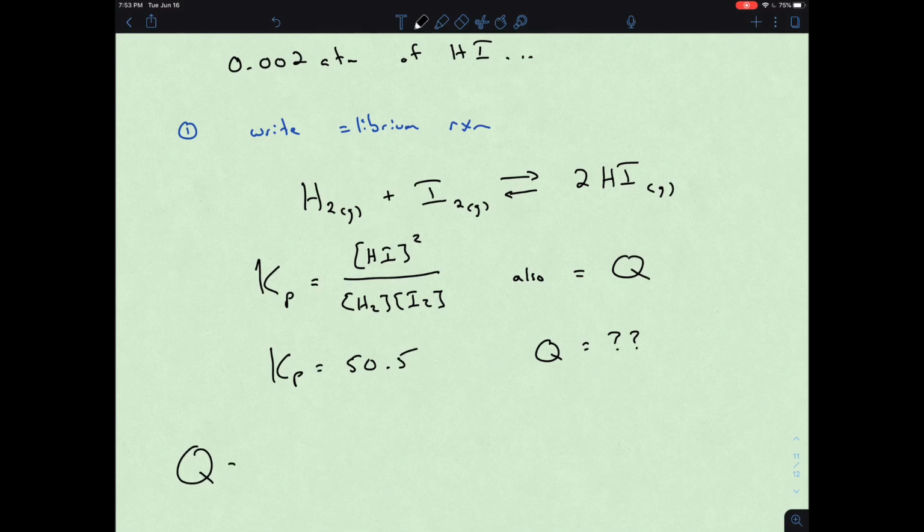So Q is going to equal the same equation, but with the values that we have in terms of the question.